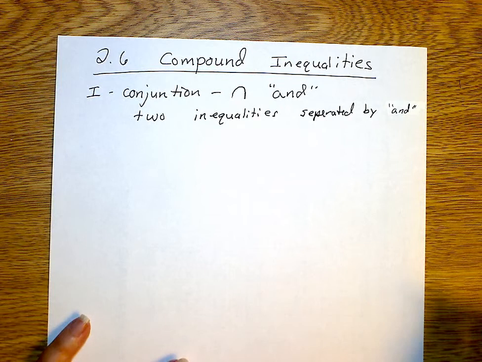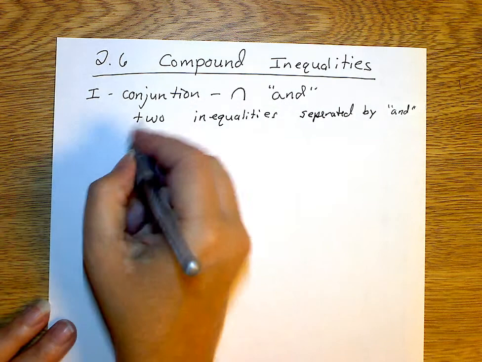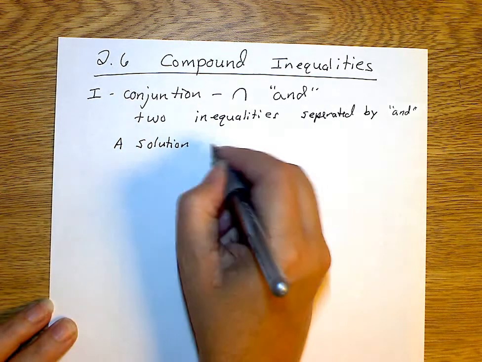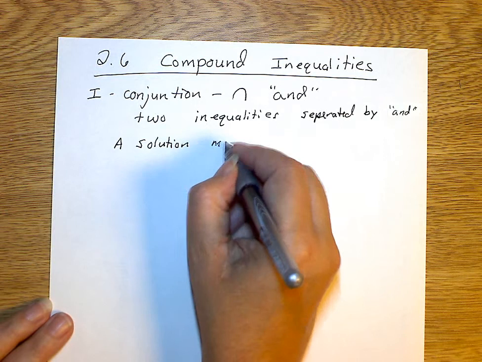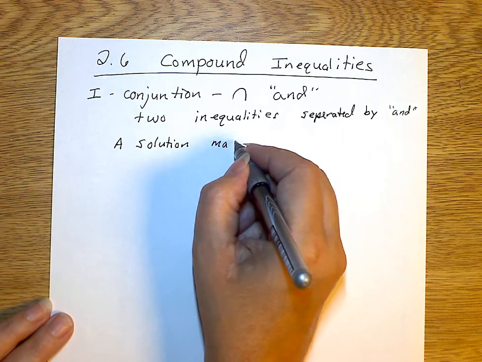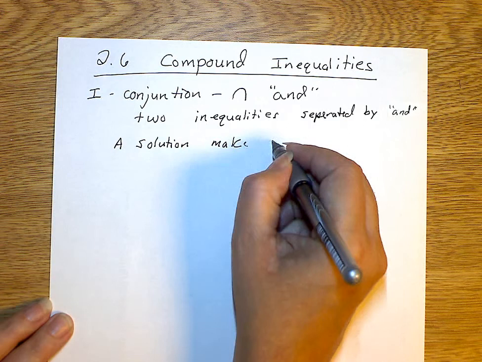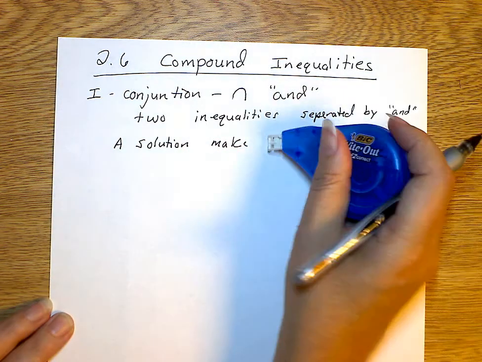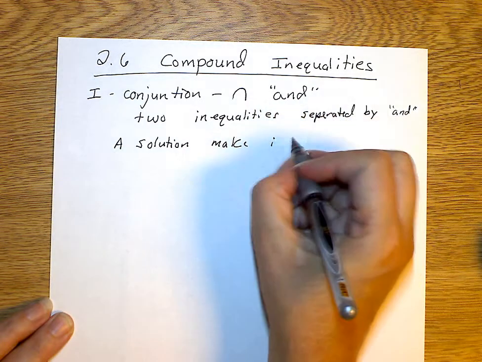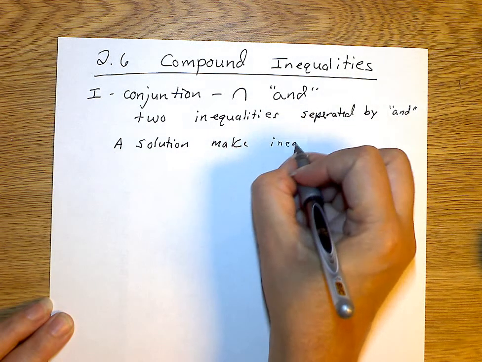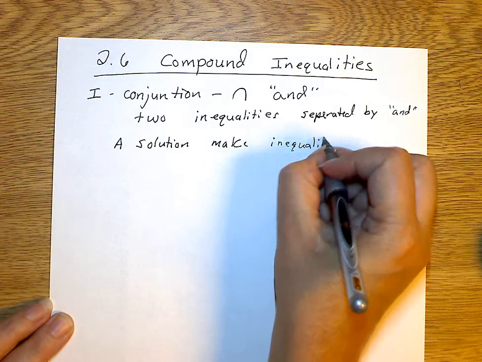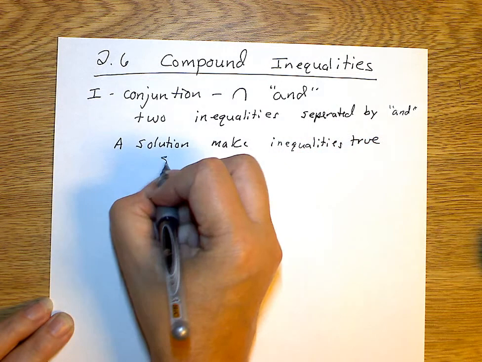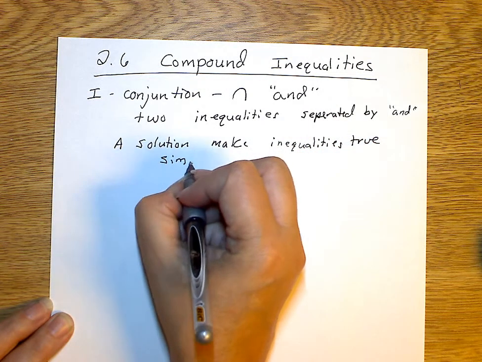All right, so a solution makes both inequalities true simultaneously, meaning at the same time.